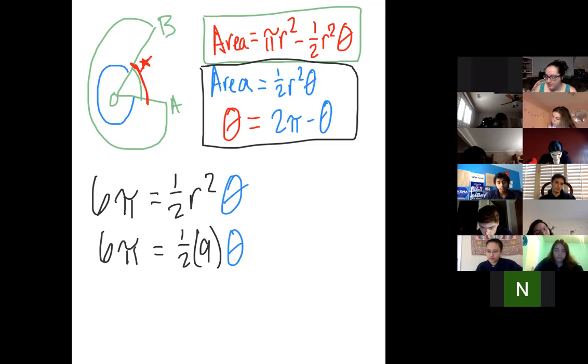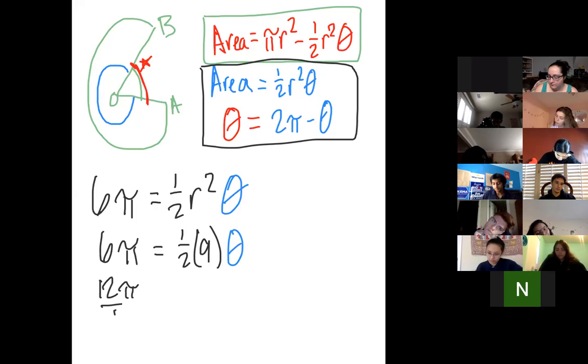So then we get 12 pi over 9 equals our blue angle, which is the same thing as saying 4 pi over 3.